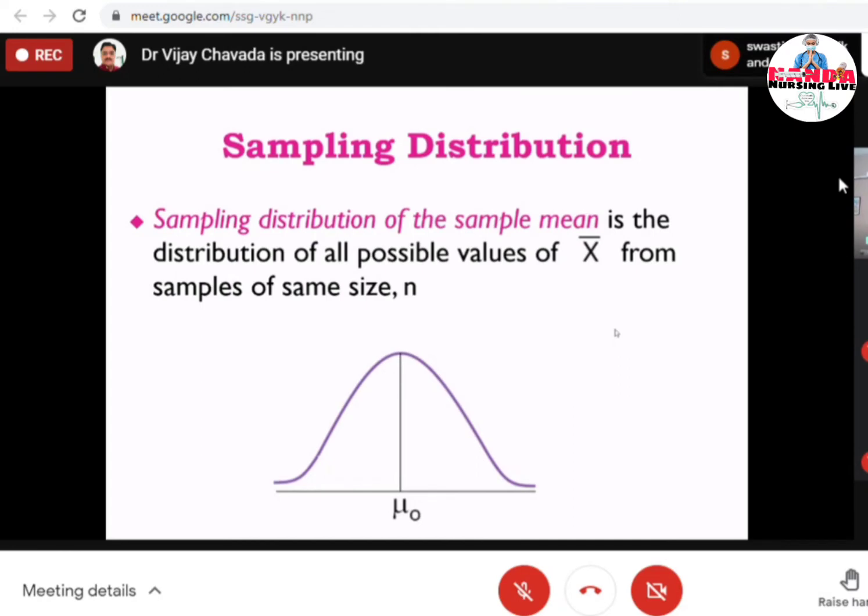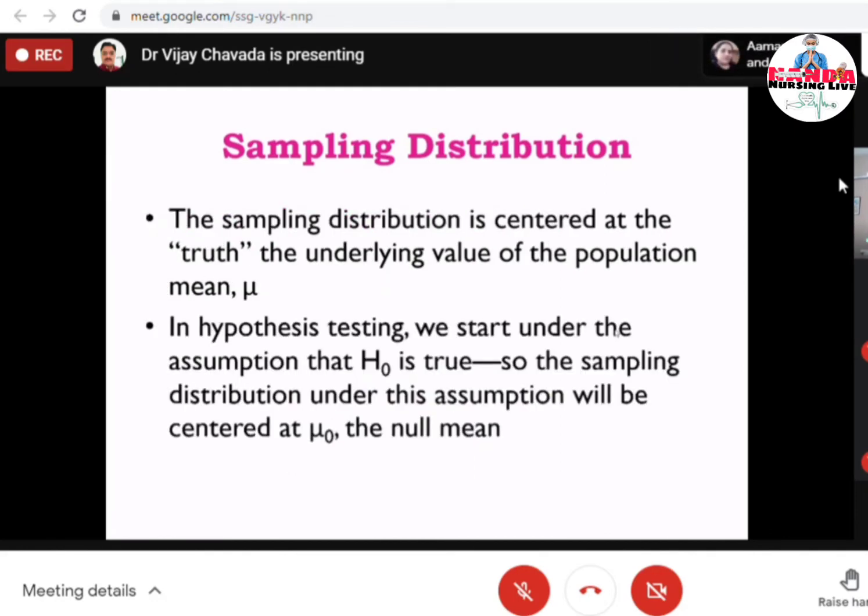The sampling distribution of the sample mean is the distribution of all possible values of samples of the same size. Means you take different samples of the same size and try to see where the average lies.